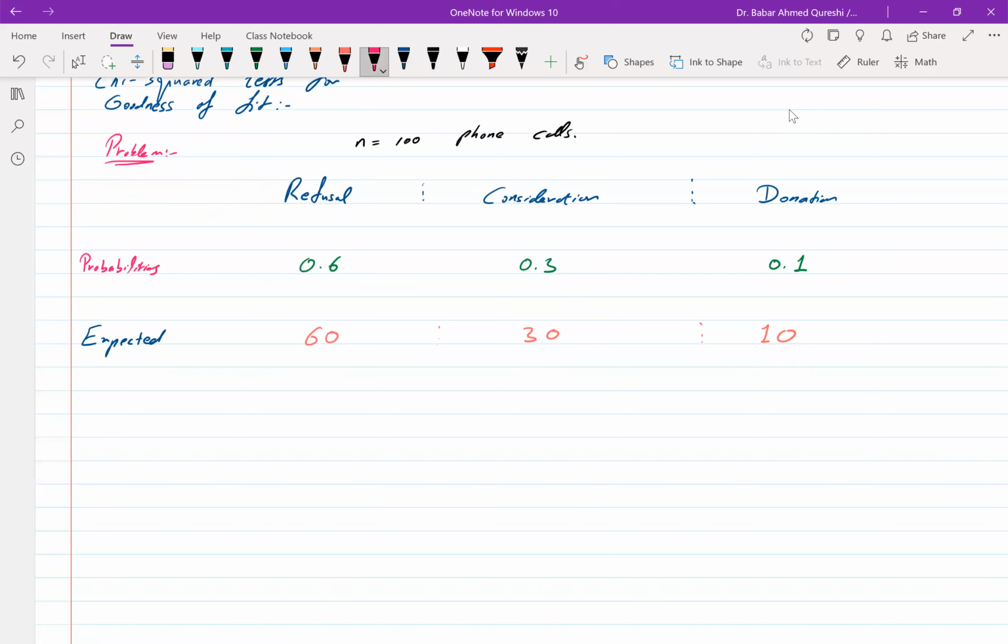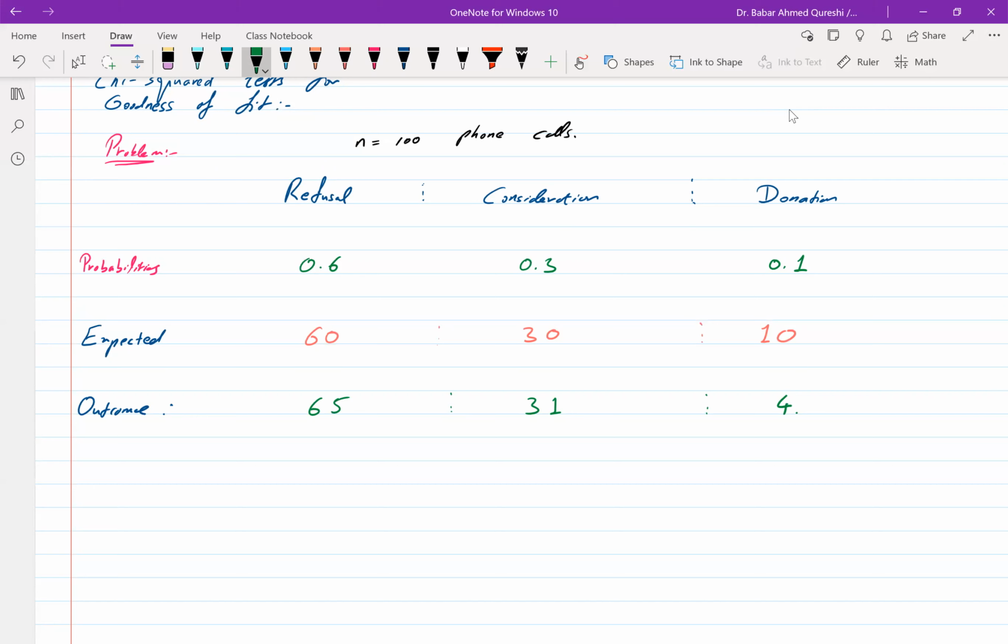But what they find, obviously the outcome is not going to be exactly the same. This is what happens to their 100 calls. They find that 65 refused, 31 said they will consider, and only 4 donated. Now the question is, should they be worried?